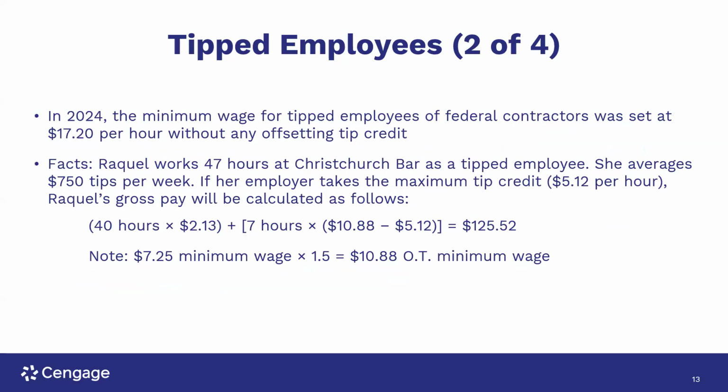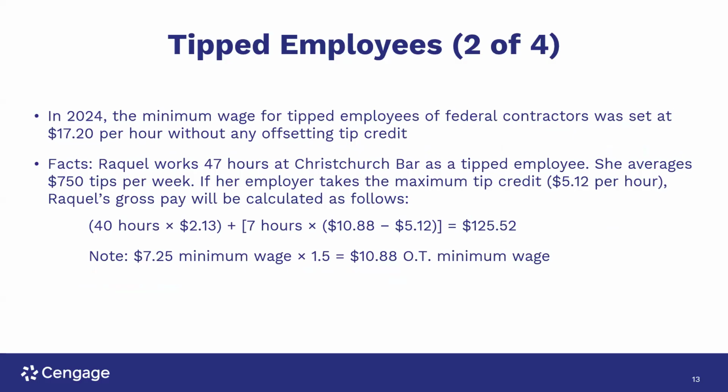For example, if an employee makes $750 in tips per week, that's enough that it's definitely going to cover the minimum tipped amount. So what's the minimum the employer can pay Raquel for 47 hours of work at Christchurch Bar?